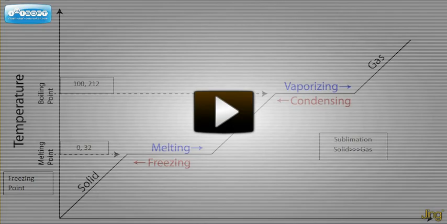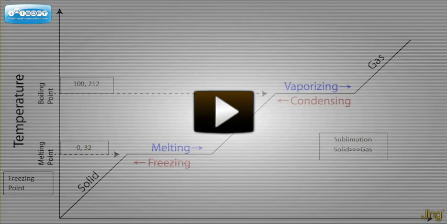But when it gets to 0 degrees, 32 degrees, that is when it starts melting at that point, and you see the word freezing in red. Then you see where it continues, that solid continues to melt, and you see the word in blue, melting.